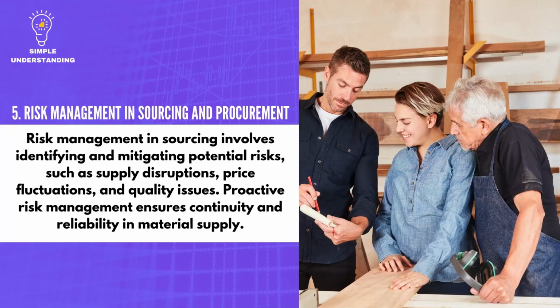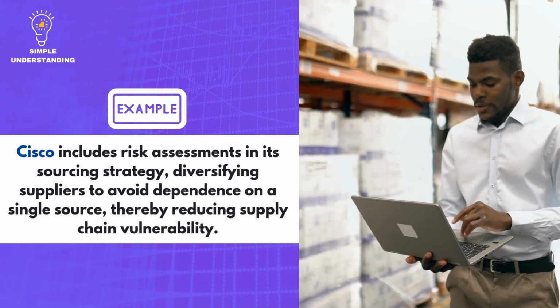5. Risk management in sourcing and procurement. Explanation. Risk management in sourcing involves identifying and mitigating potential risks, such as supply disruptions, price fluctuations, and quality issues. Proactive risk management ensures continuity and reliability in material supply. Real company example.